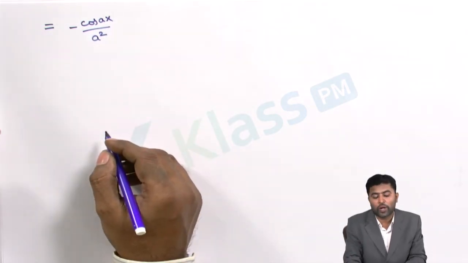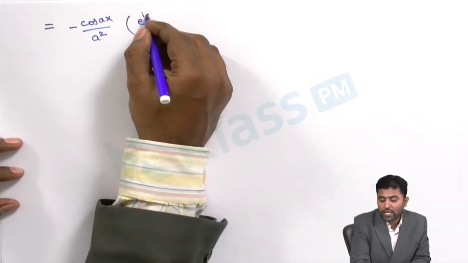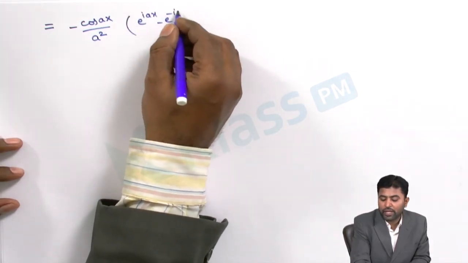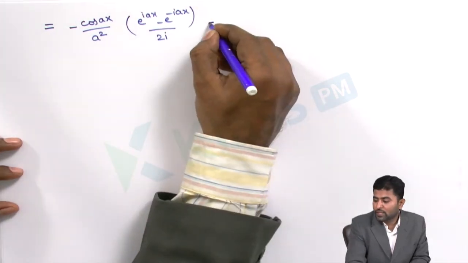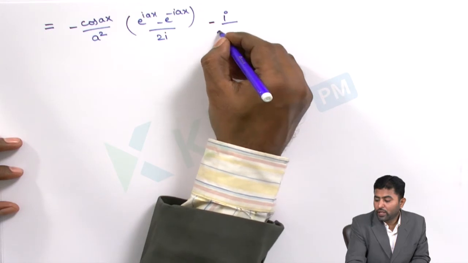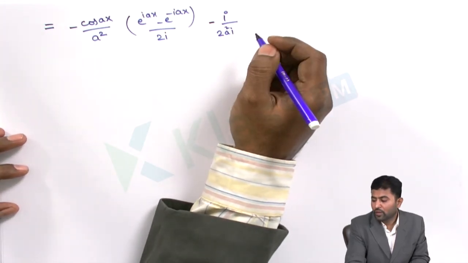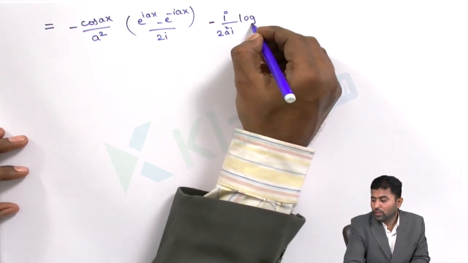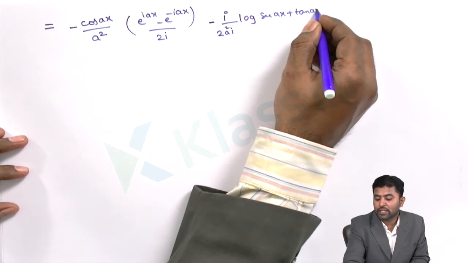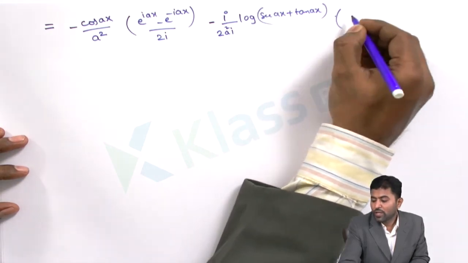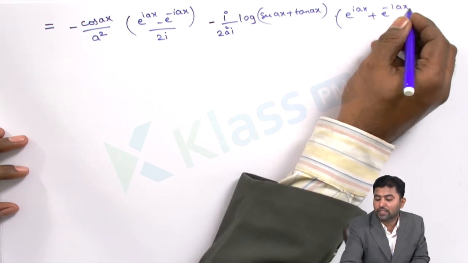I'm taking that 2i inside, so I'll get e power iax minus e power minus iax by 2i. Then minus i by 2a square i, log secant ax plus tan ax into e power iax plus e power minus iax.